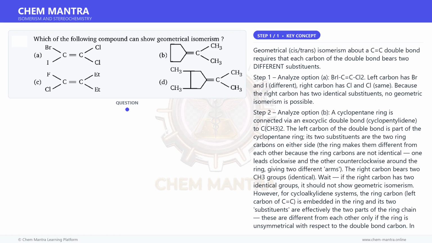Reconsidering, for exocyclic double bonds in cyclic systems, geometric isomerism can arise when substituents on the exocyclic carbon differ and the ring carbons adjacent to the double bond carbon differ. In cyclopentylidene=CRR, if the ring is symmetrical and the exocyclic carbon has two identical groups, CH3, CH3, normally no geometric isomerism.